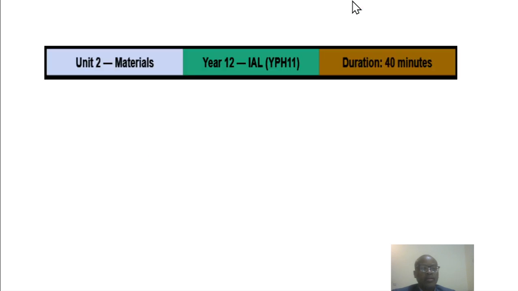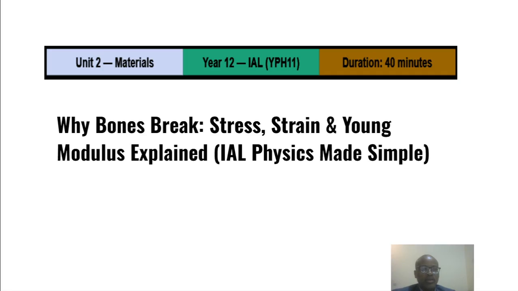Today we're looking at the topic Unit 2, Materials, for Year 12 IAL Physics. IAL means International Advanced Level Physics. And the topic is why bones break: stress, strain, and Young modulus explained.